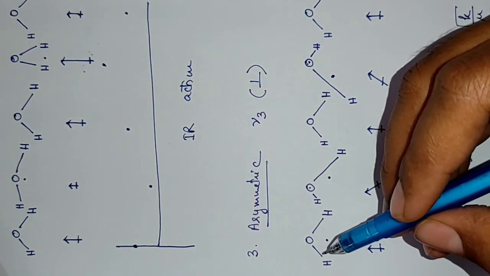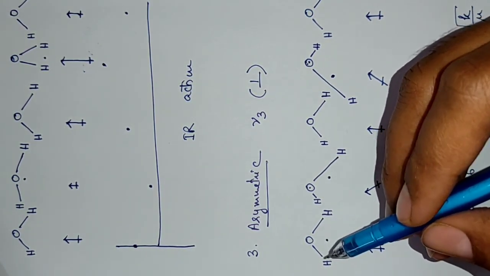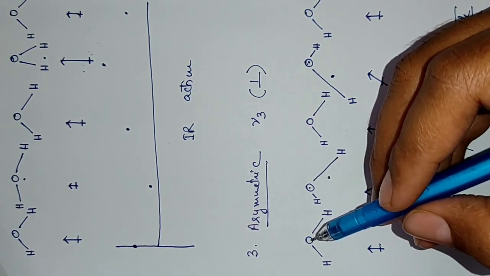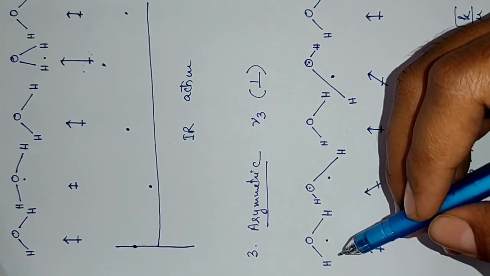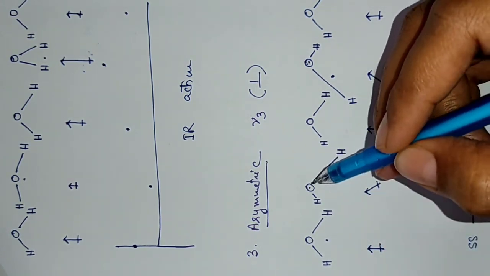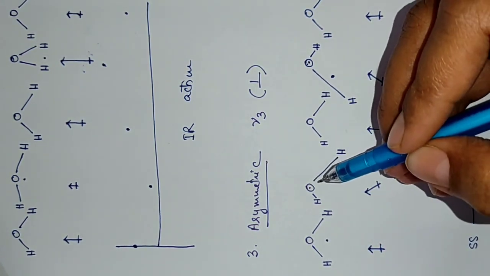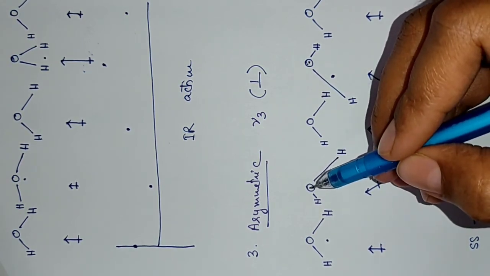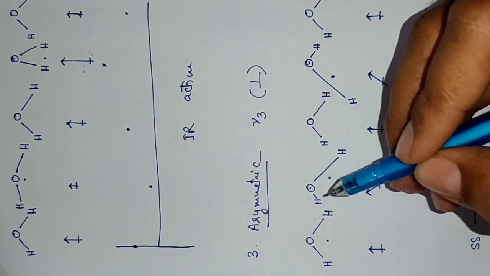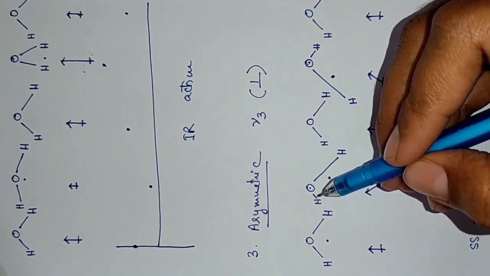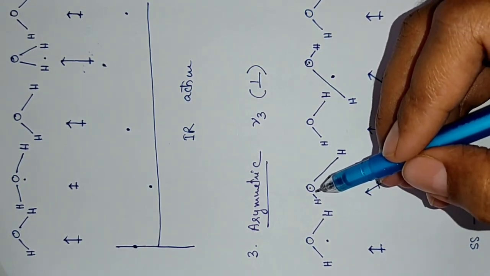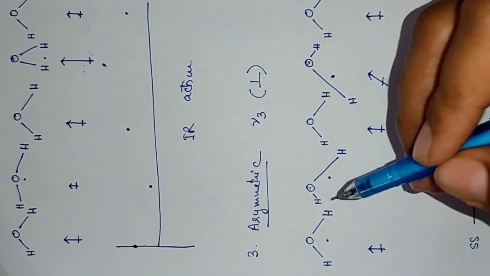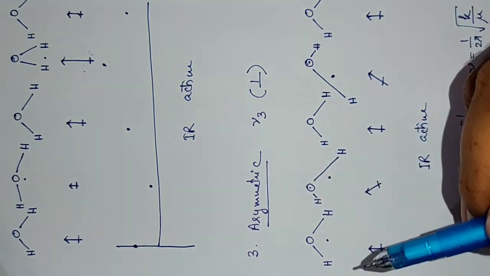But both the types of vibrations include displacement against the nuclear force. So when this elongates, this has to perform work against the attraction of the nucleus. And when it compresses, this has to perform work against the repulsive force of the nucleus. So this happens in case of symmetric and asymmetric.